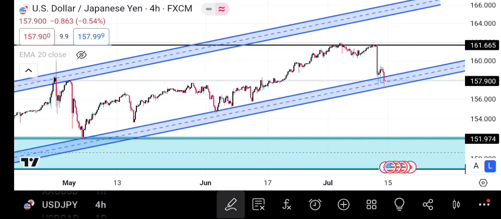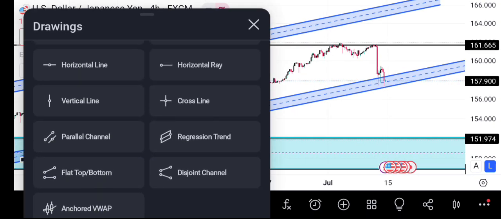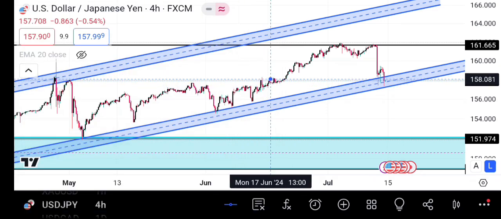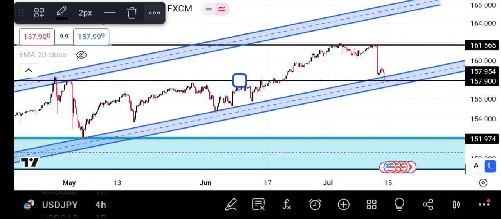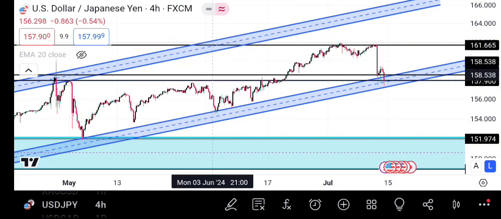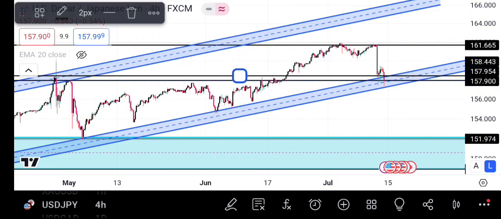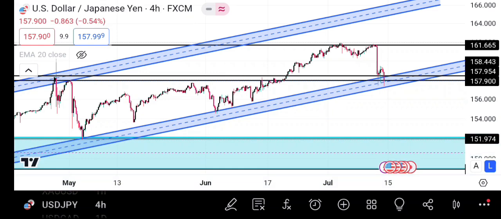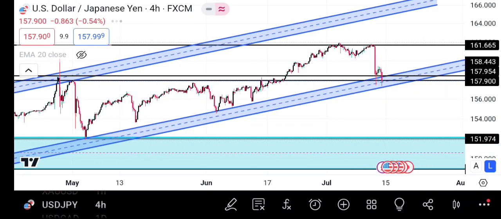Okay, from what I've seen, we are currently in a support zone. We are currently where? In the support zone.